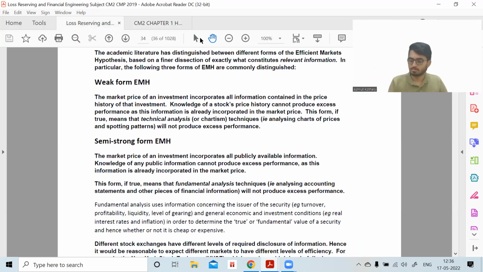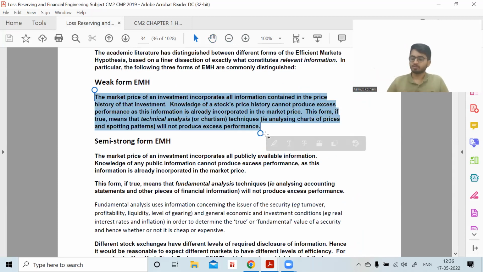So this is the key thing in a very crisp format. The market price of an investment incorporates all information contained in the price history of that investment. Knowledge of a stock's price history cannot produce excess performance, as this information is already incorporated in the market price.